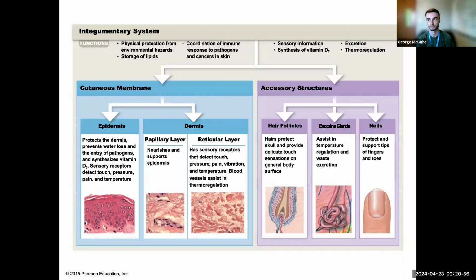So allowing for a bit of flexibility there, assisting in our temperature regulation, homeostasis happening in that reticular layer. And then these accessory structures provide a variety of functions.